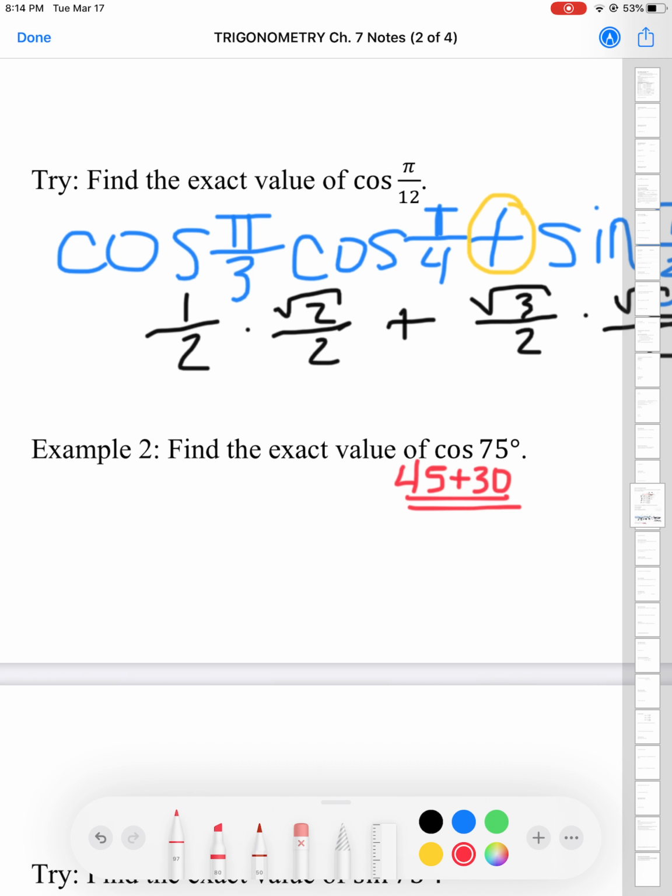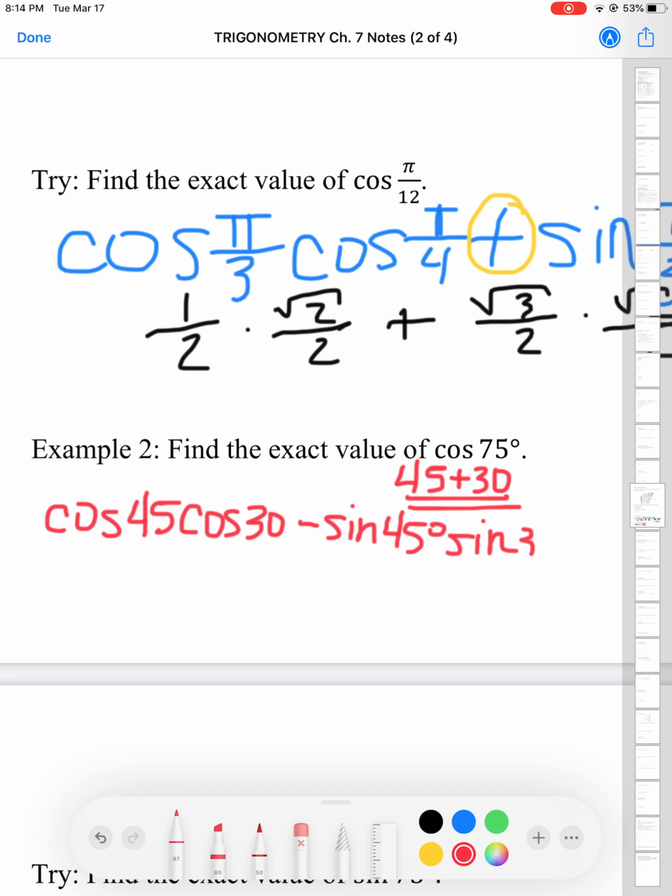So even if I were to switch 30 and 45 degrees with the addition sign, it wouldn't matter because I have cosine 45 degrees, cosine 30 degrees, minus sine 45 degrees, sine 30 degrees.